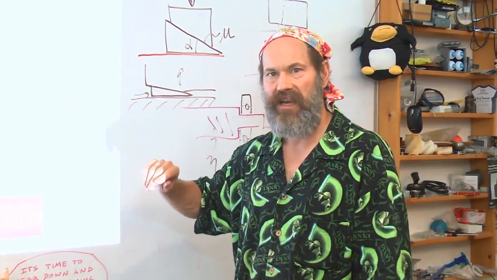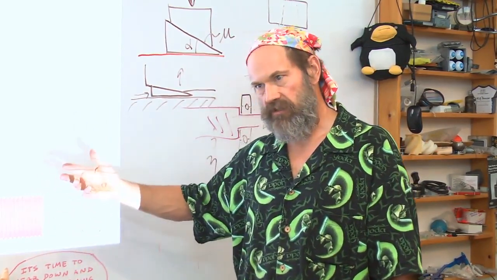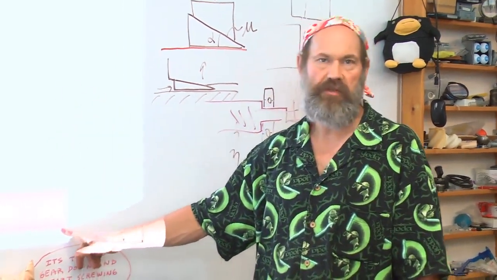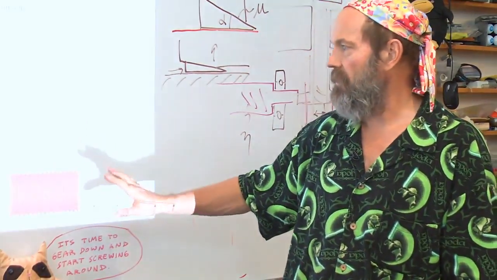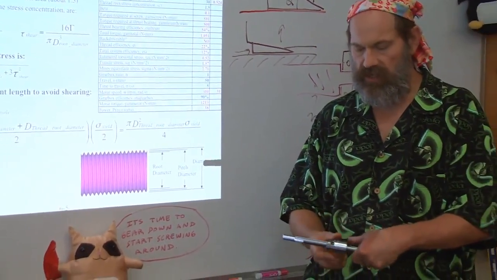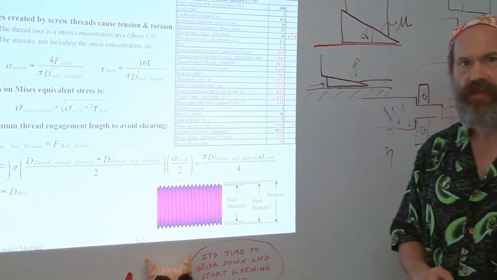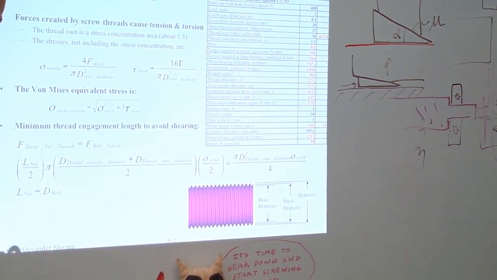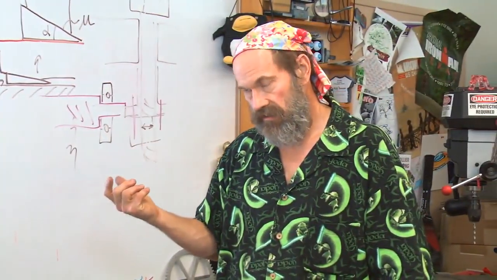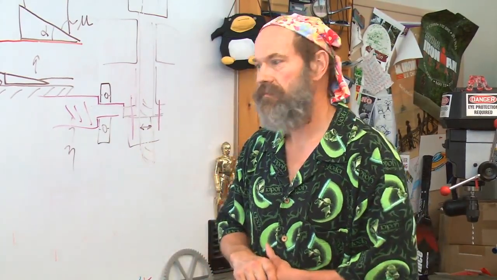You can run through the analysis: I want the shear area of the threads times the shear stress of the material to be on the order of the cross-sectional area of the bolt times the tensile stress. And what you will end up with is that the length of the nut engaging the shaft is about equal to the diameter of the bolt. That's the minimum. So typically people will seek to engage 1.5 to 2 times the diameter of the bolt as the engagement length of the thread, to give you a good factor of safety.